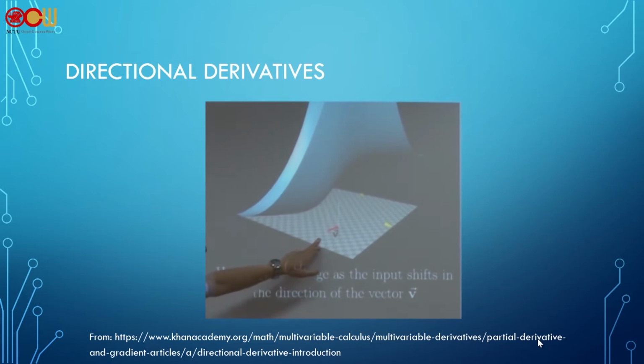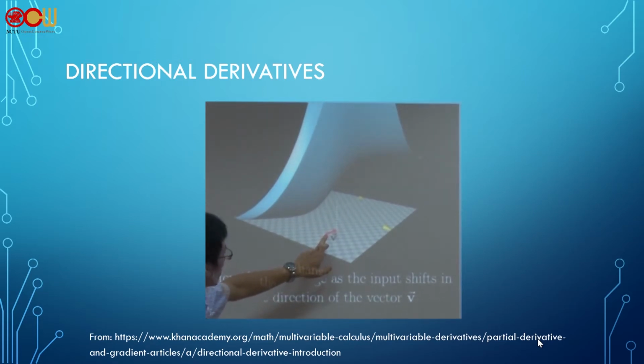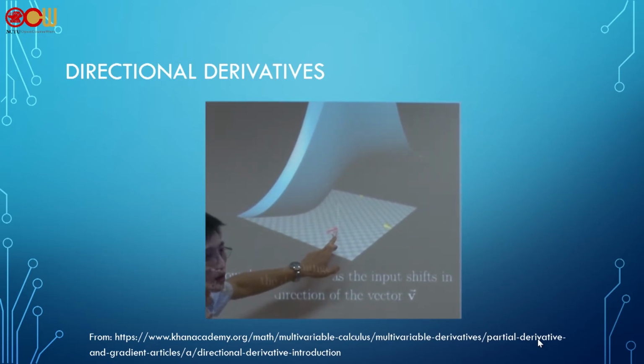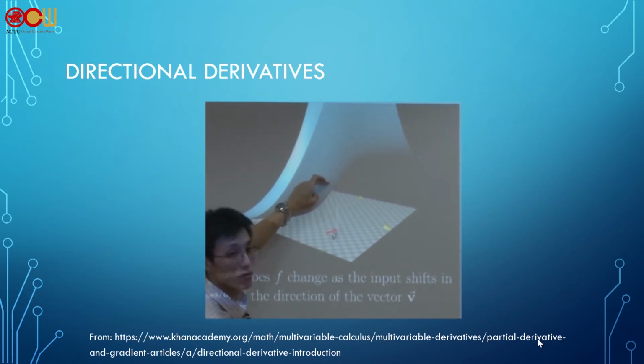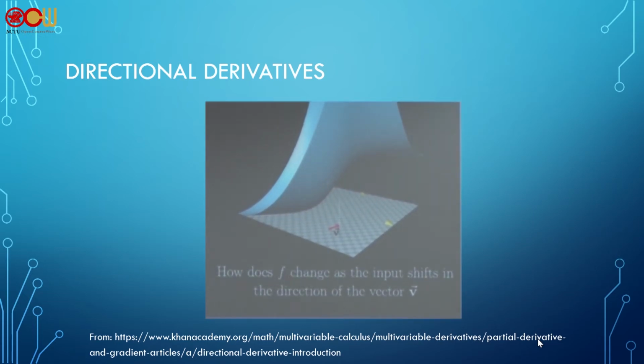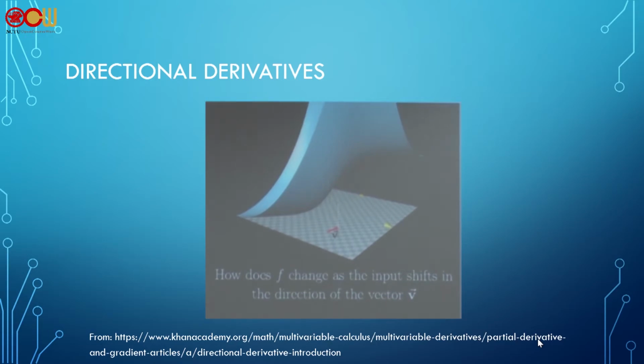We're trying to see, when it moves from here to here along the v direction, which is kind of the dynamics, your x dot, what is the change of the f value? And obviously it's increasing from here, right? So this is called the directional derivative.